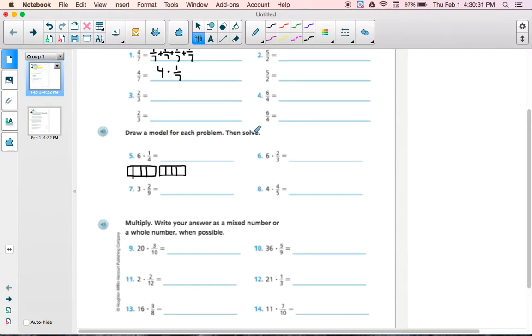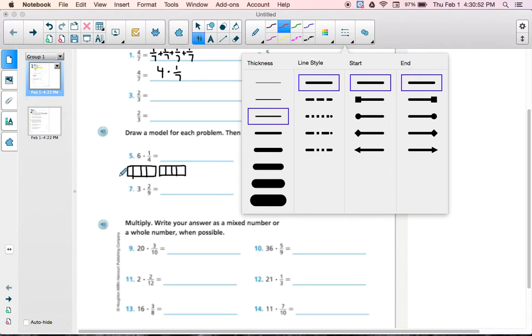Draw a model for each problem and then solve. So this is saying there are 6 1/4. So I've got the problem started here by drawing a fraction bar that has been divided into fourths. I need 6 1/4. All right, so let's try this.